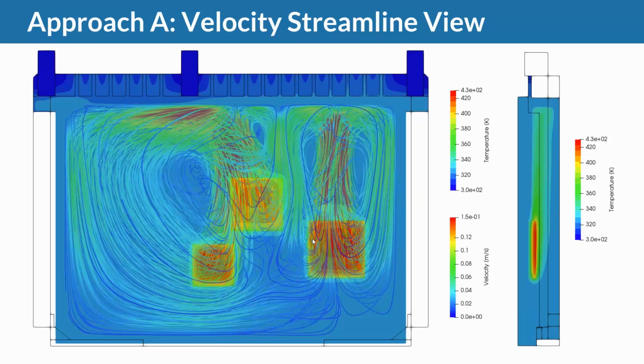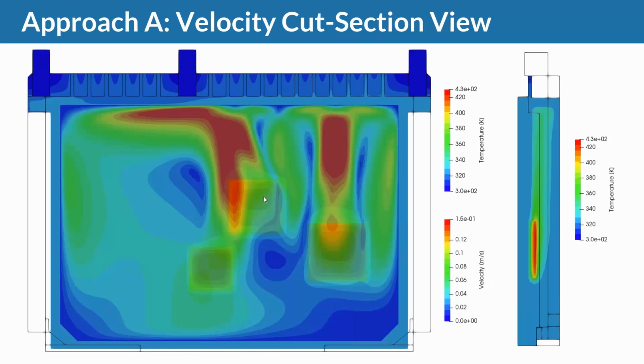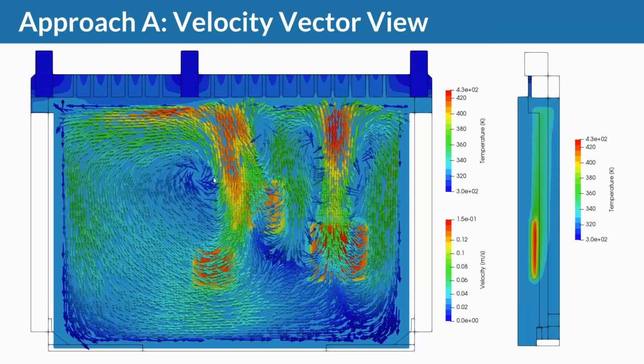So we're looking at a velocity of 0.15 meters per second, so very low velocity, but still decent cooling is happening here. So I'm getting some cooler air again to the bottom, and then it rises again and cools the chip. Here's another visualization of this. This is a cut section view of the velocity field. We can see the highest velocities in front of the chip, and then above it, due to buoyancy effects.